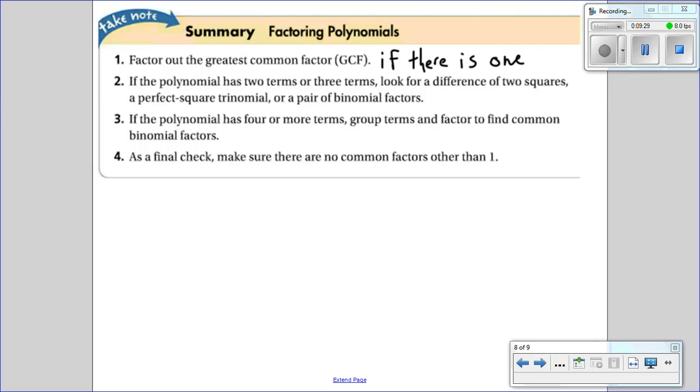So look for a special case, or a pair of binomial factors. Do the little chart where you say factors of A times C and then there's sums. And if that doesn't work, or if the polynomial has 4 or more terms, then we go to grouping. And you should always check at the end that there are no common factors other than 1.